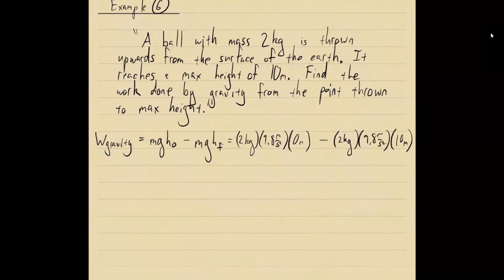So this first term is going to be 0 because we're multiplying through by 0. So the work done by gravity in this case is going to be equal to minus 196 joules. So that's the whole problem.